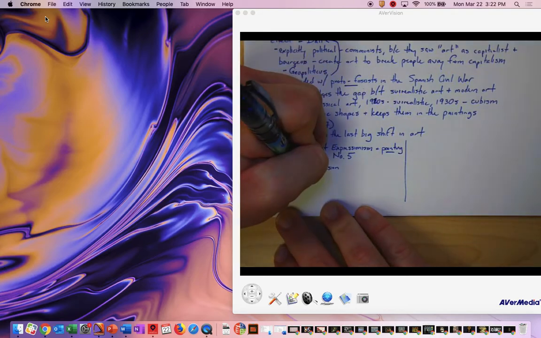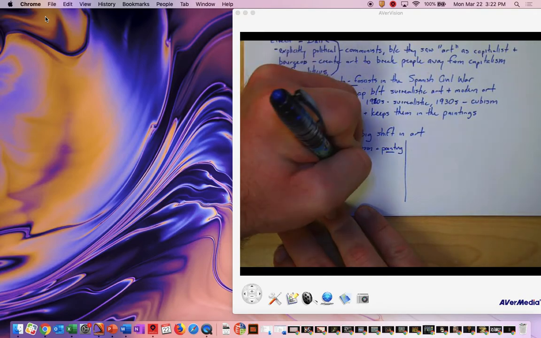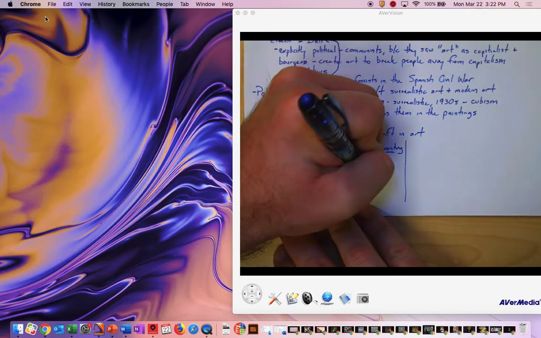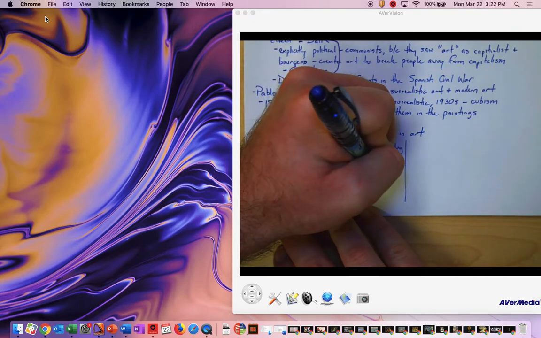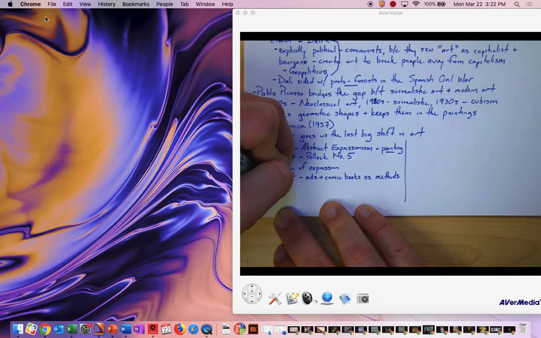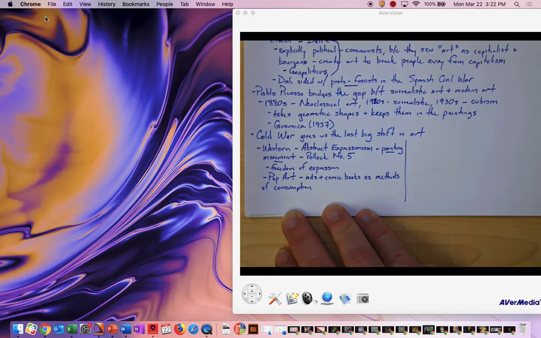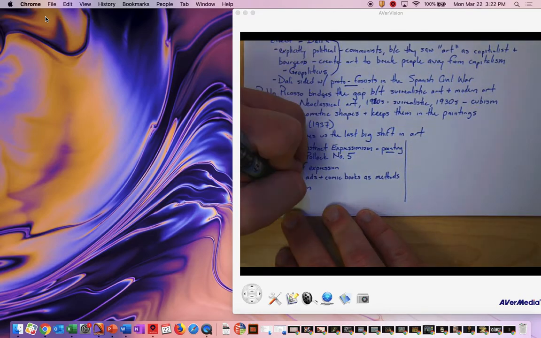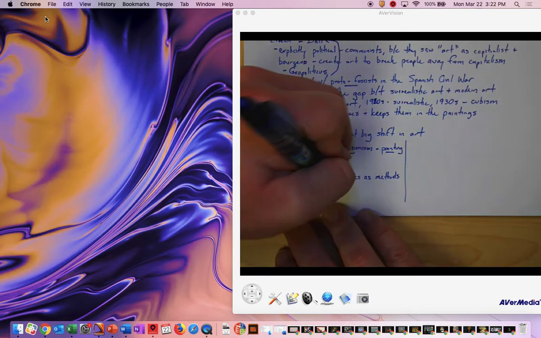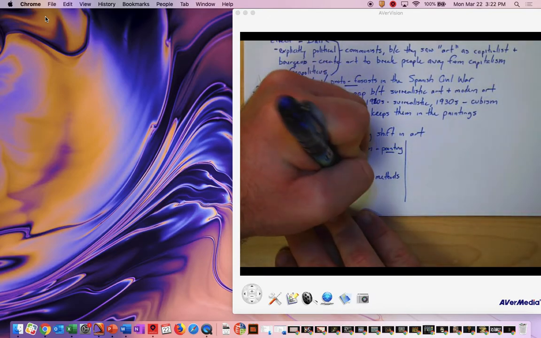And it looks at things like advertisements and comic books as methods of consumption. Like, that's what makes capitalism work, is consumption. And so this is the art of capitalism.